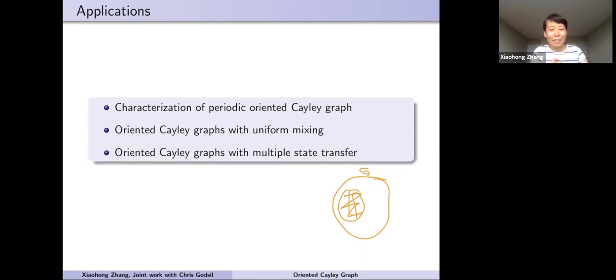So we only checked a few examples so far. Our next step will be to look inside these graphs and study more systematically the uniform mixing and perfect state transfer.